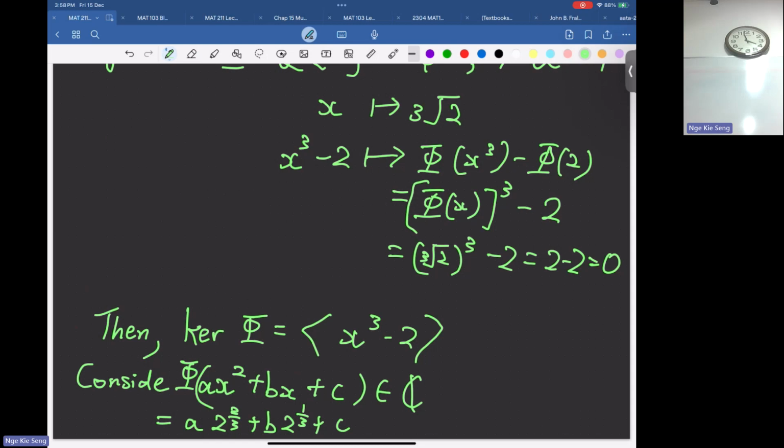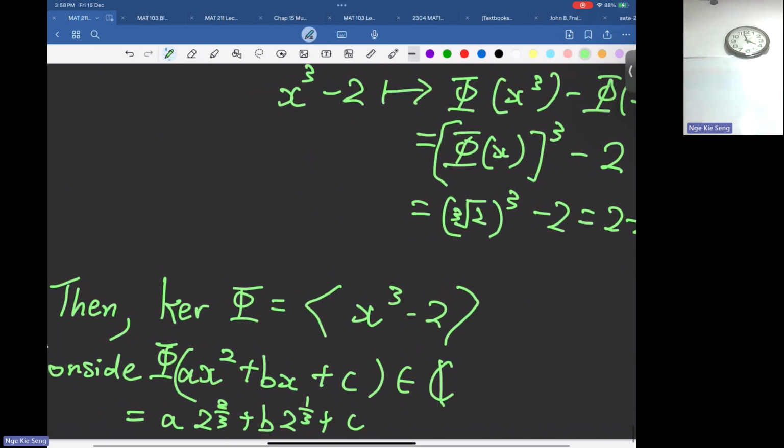You can, only 0: a, b, c equal 0. But when a, b, c are all 0, that means you send 0 to 0. That's always true. So there's no lower degree polynomial than x cubed minus 2 that gets sent to 0. So the smallest degree polynomial that gets sent to 0 is x cubed minus 2, and by the theorem, the ideal must be generated by this one. Make sense? Yes, Zhou.